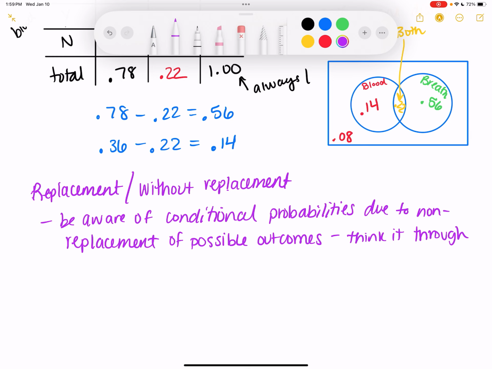Okay, so basically replacement versus without replacement. It's like if we had a bag of marbles, or maybe you've watched that game on The Price is Right, the 3 strikes game, where they have the numbers for like the car or whatever in there, and then they have 3 strikes in there. The numbers, when you take them out and you get it right, they don't get put back in, right?